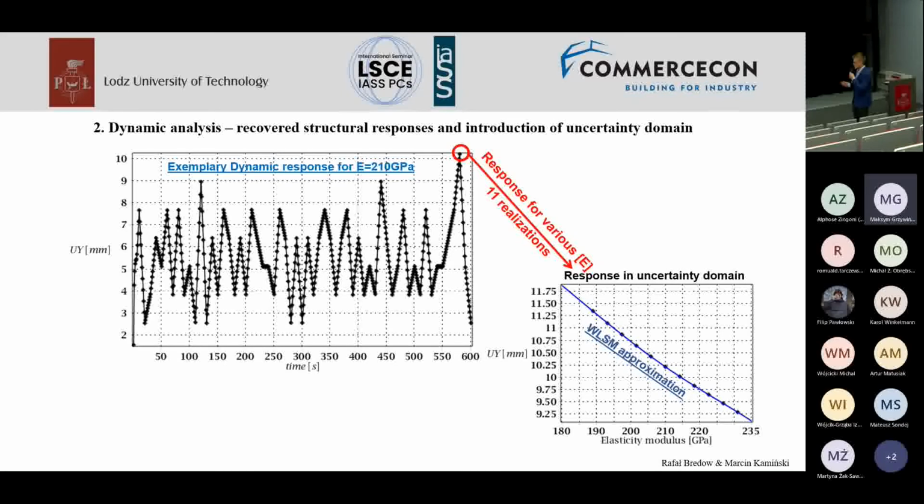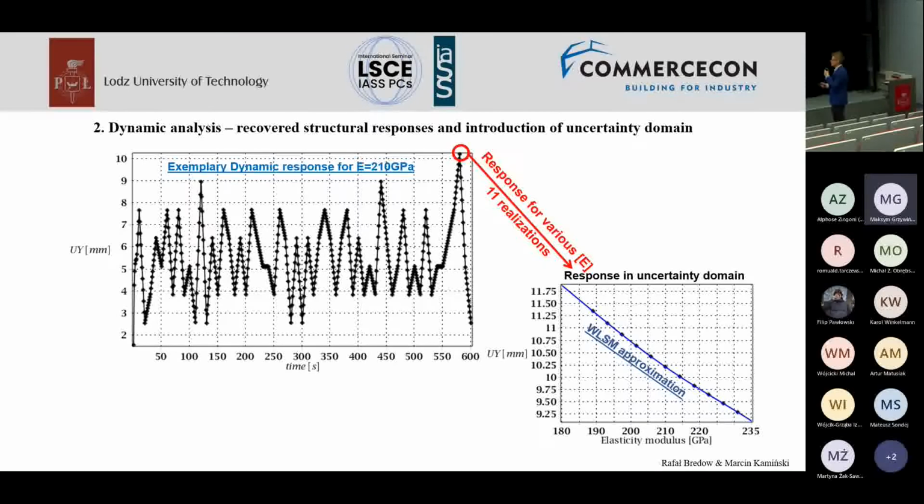All of those uncertainty sources have been considered separately, and now for all desired structural responses like displacement states or stress states in this 10 minutes time interval, in fact, each discrete structural response at the current time step is being described by 11 different realizations of the considered uncertain parameter in its domain.